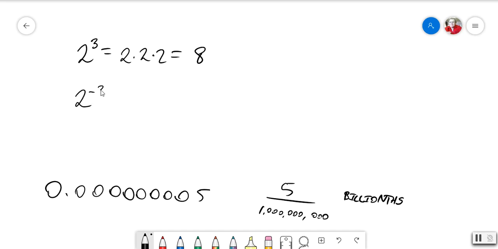A negative number on the exponent does not make the number negative. This number is still positive. What a negative exponent means is a reciprocal, a fraction. So 2 to the negative third means 1 over 2 to the third, which is 1 over 2 times 2 times 2, 1 over 8. Right.